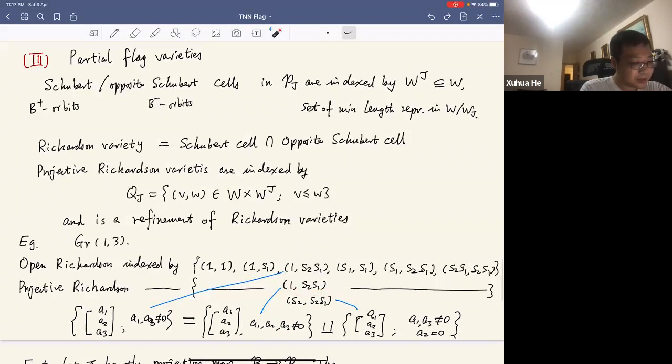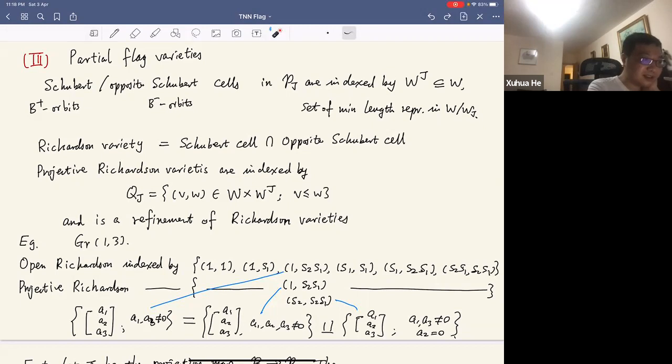And well, there are different reasons why the projective Wilson variety behaves better than the open Wilson variety. Here I just want to mention what happens if you think about the theory of total positivity: instead of thinking about all the real numbers and non-zero real numbers, we think about the non-negative real numbers and the positive real numbers.